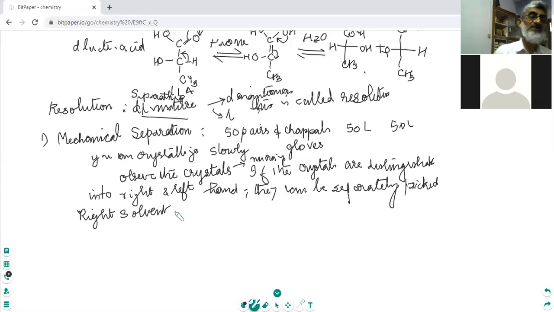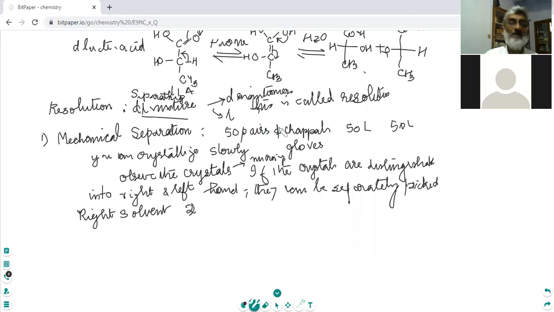And the second requirement is that the crystals should be mirror images of each other. It need not be that all the molecules will crystallize into mirror images. There is no rule like that.